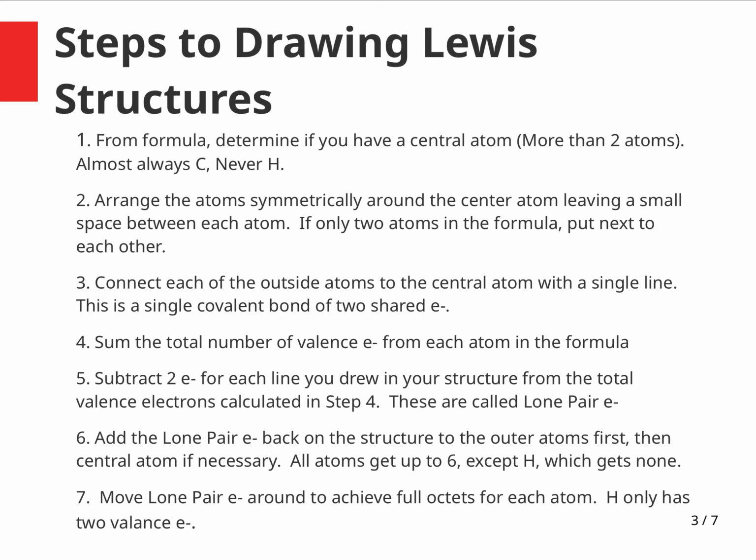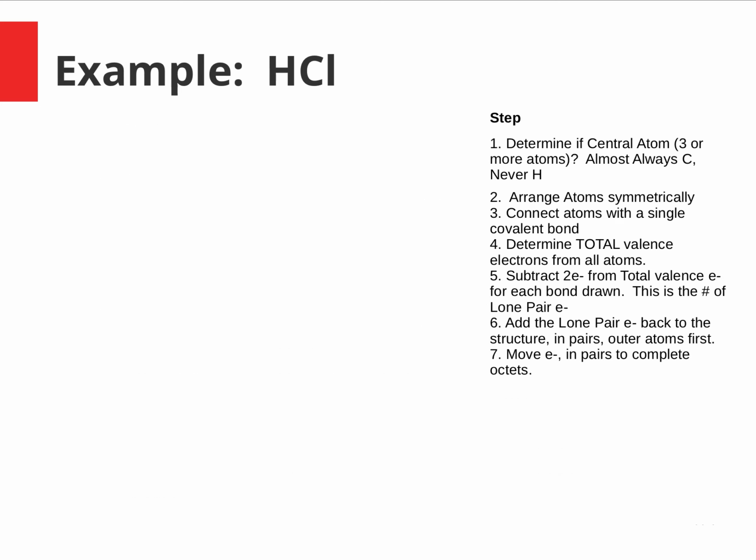So you can add up to 6 electrons on the outside atoms, but none go to hydrogen. Once you are done that, you're going to have to move the lone pairs around to achieve full octets on each atom. Remember, hydrogen doesn't get any more than it has already, because it only needs 2. All right, I'm going to show you how these steps work in the following examples.